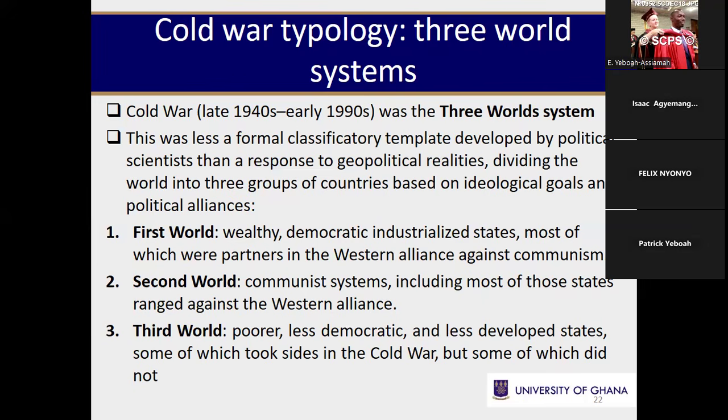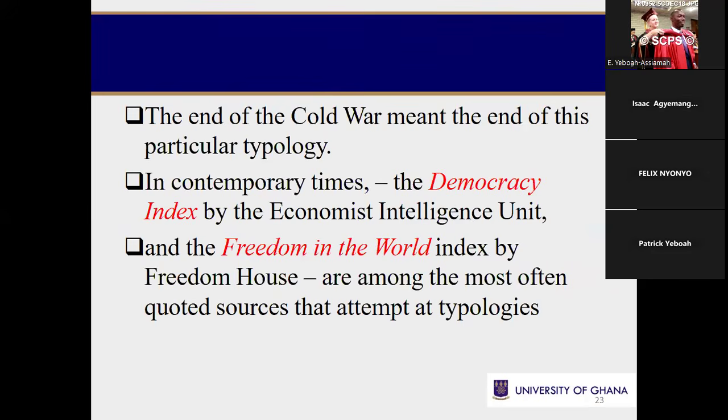Maybe today, some states that belonged to the second, most of them have developed. And so it's not prudent to use this typology again, except that the Third World still stays. As for the Third World, we have not seen any profound improvement in their status.